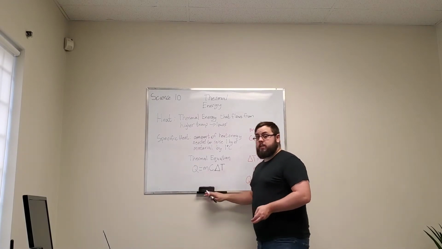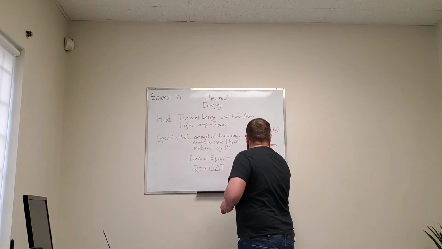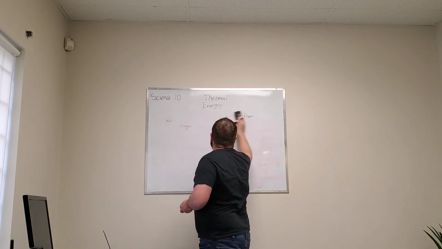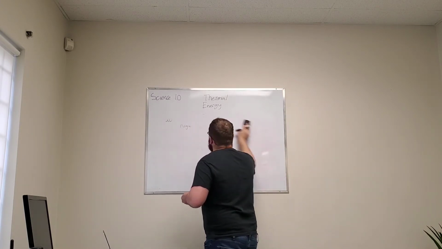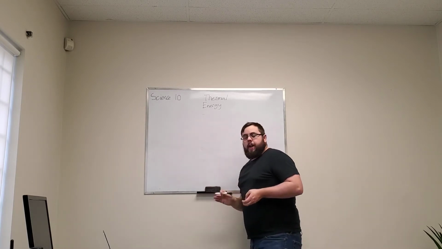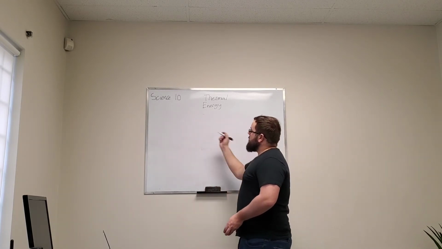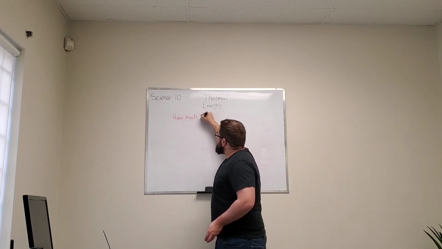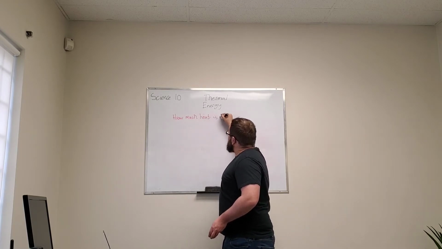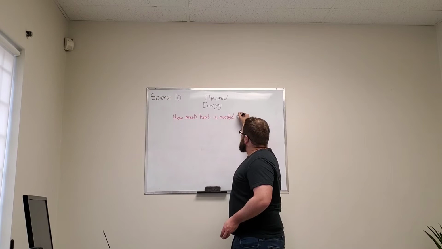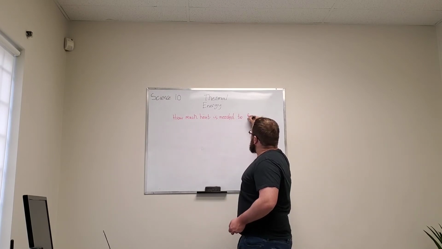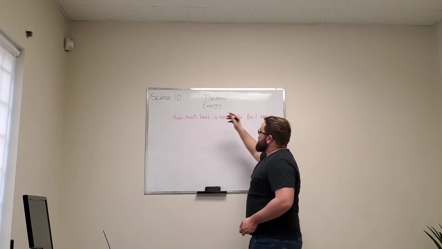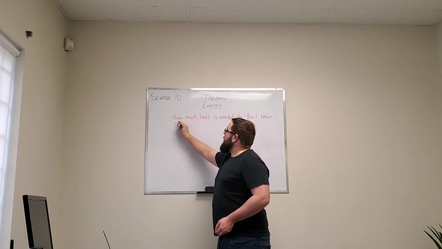So let's just go through a quick example. Erase all this. Okay, so I wanted to know how much heat is needed to, let's go with, boil water that has been frozen.